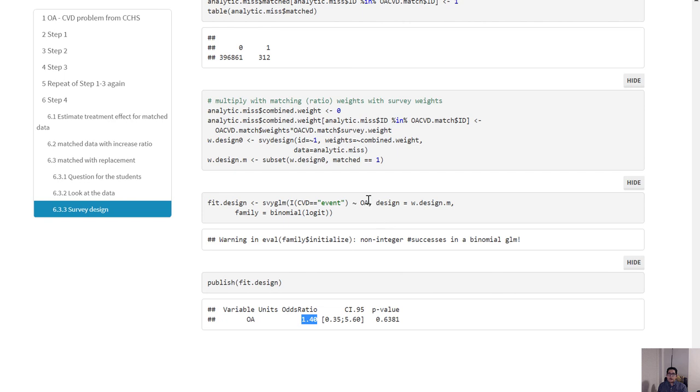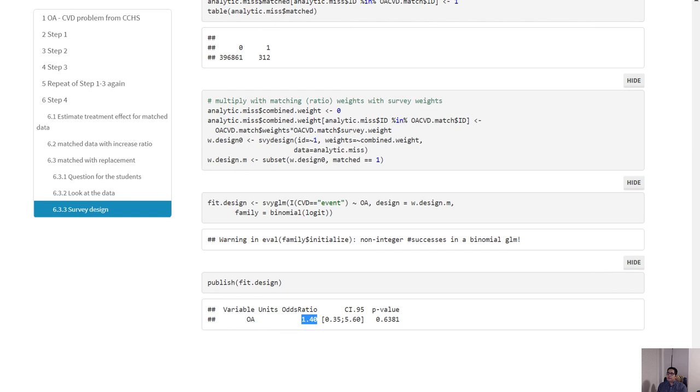Generally speaking, only matching, even if it is propensity score matching or exact matching, only matching is not enough to get rid of all the confounding. Generally, some combination of matching as well as covariate adjustment in the outcome analysis here would be desirable to get rid of or reduce the amount of confounding.